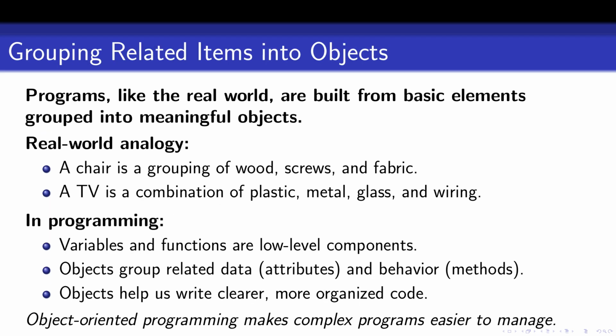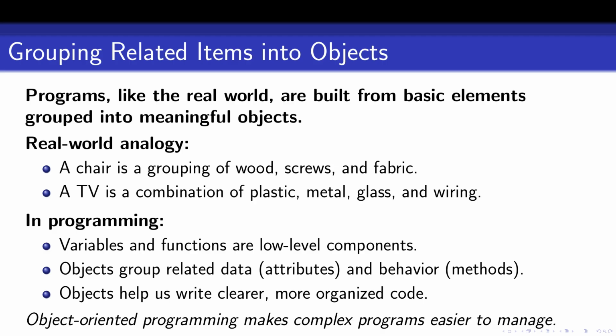Programs, like the world around us, are composed of smaller components grouped into meaningful units. Just as a chair combines wood, screws, and fabric, or a TV integrates glass, circuits, and plastic, software brings together variables and functions into cohesive objects. Object-oriented programming reflects this structure by allowing us to build systems out of these grouped elements.